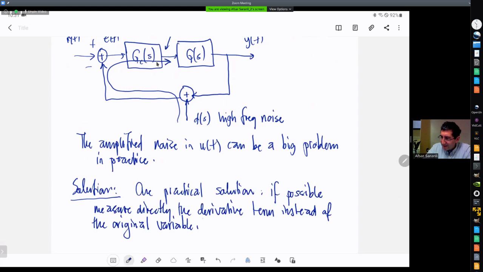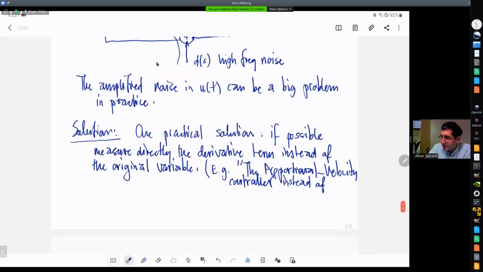Okay, that often has a name. You can hear about something called the proportional velocity controller instead of the proportional derivative controller.